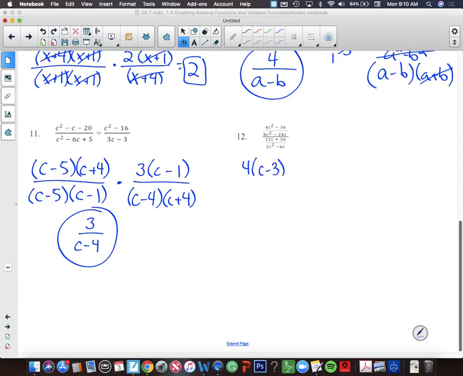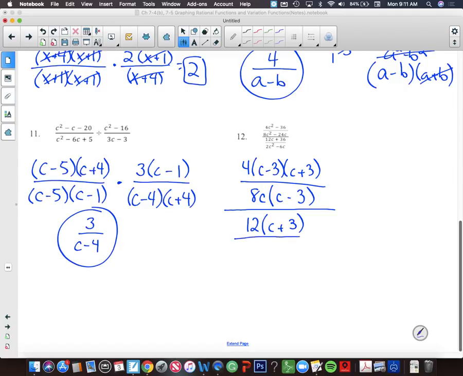4, c minus 3, c plus 3, over, take out an 8c, and we're going to have c minus 3. On the bottom, we're going to have a 12, we can take a 12 out, and then we have c plus 3. And then on the bottom of that one, we could take a 2c out, and we have c minus 3.